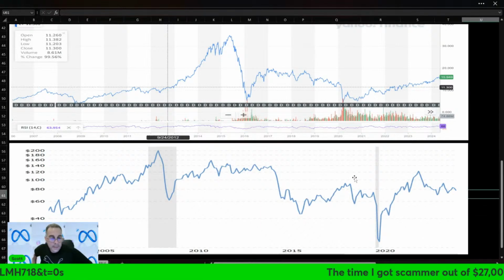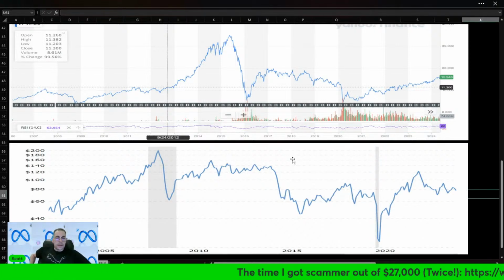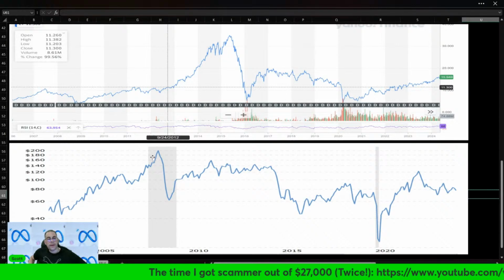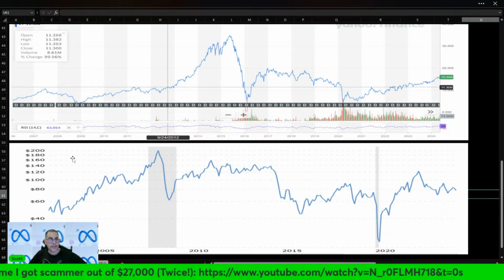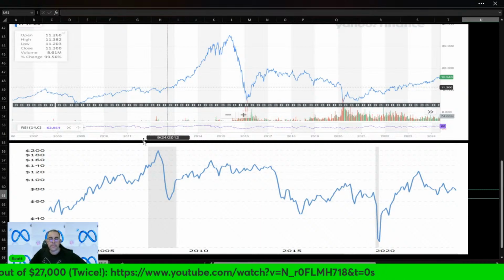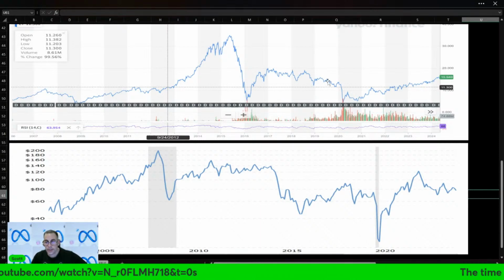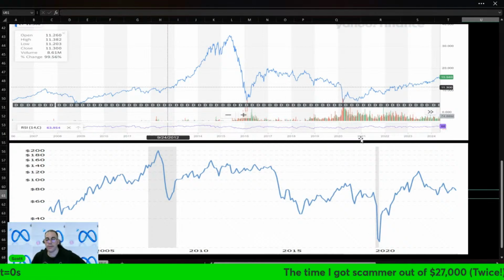So you can see this is the price of oil since like 2004. And this is the price of ET. It's hard to tell exactly, but you could see the dip from COVID, when oil became negative. You could see the dip here.